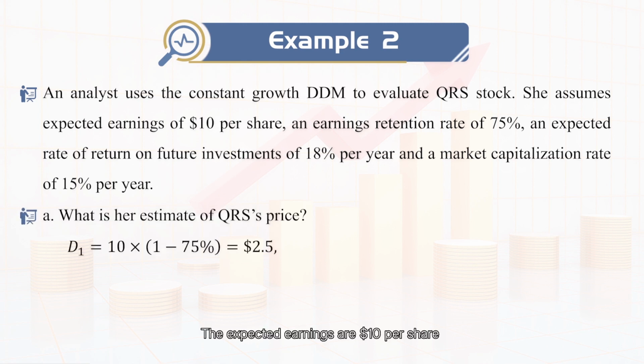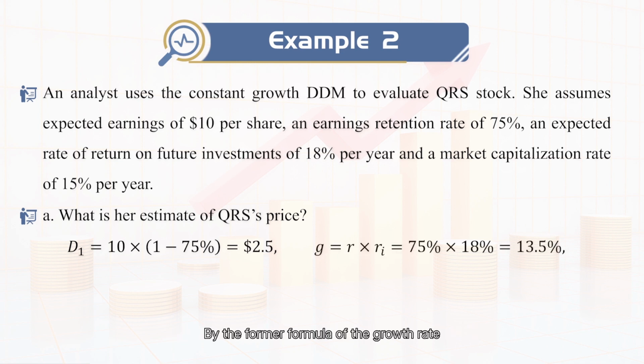The first question is, what is her estimate of QRS price? The expected earnings are $10 per share and the earnings retention rate is 75%. So the dividend D1 is equal to $10 multiplied by 1 minus 75%, which is $2.5.